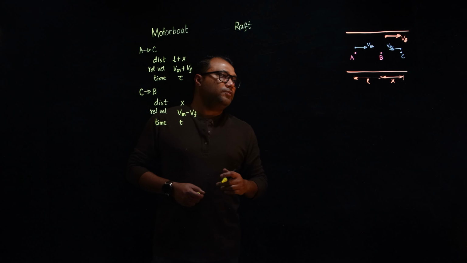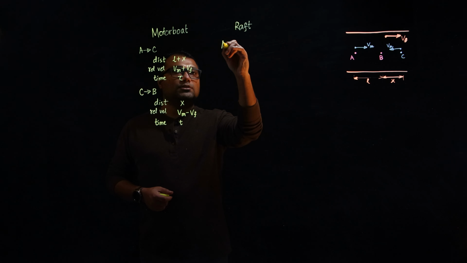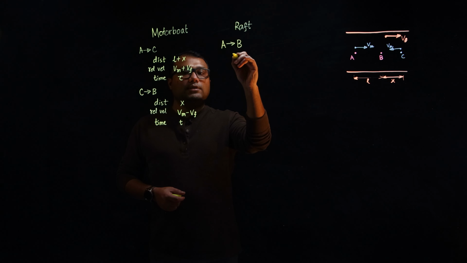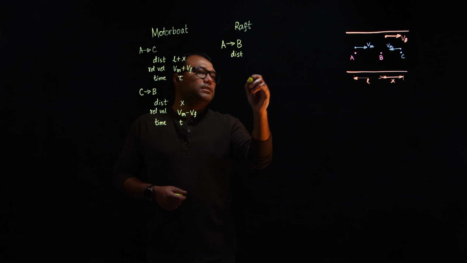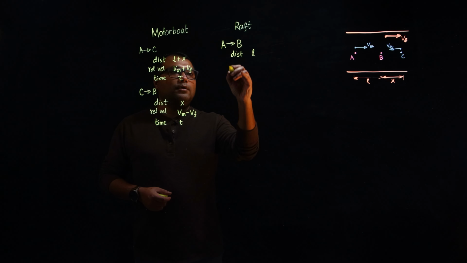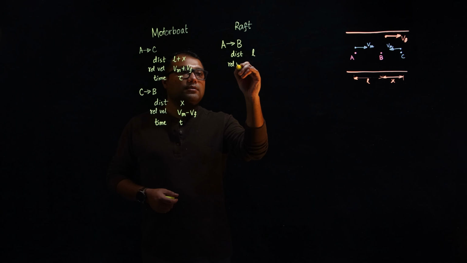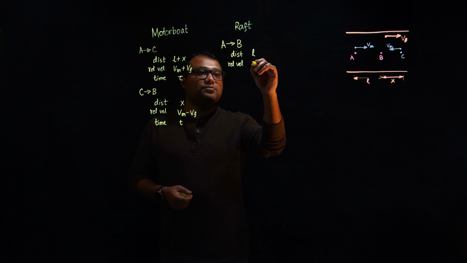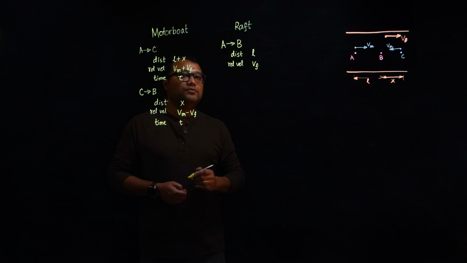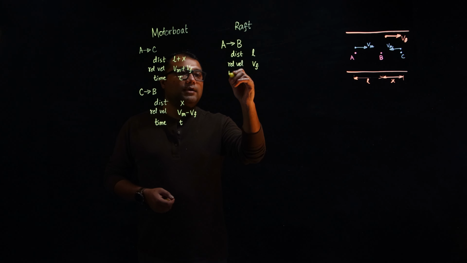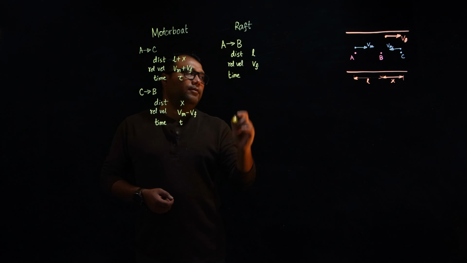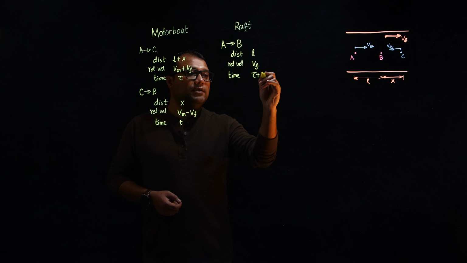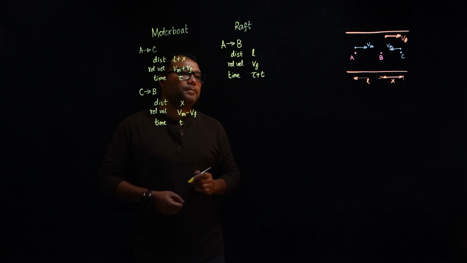Let's look at the case of the raft. The raft makes only the journey from A to B. The distance covered is L. The raft doesn't have any velocity of its own, it assumes the velocity of the river, which is Vf, and the time taken for the raft to come from A to B is tau plus t.